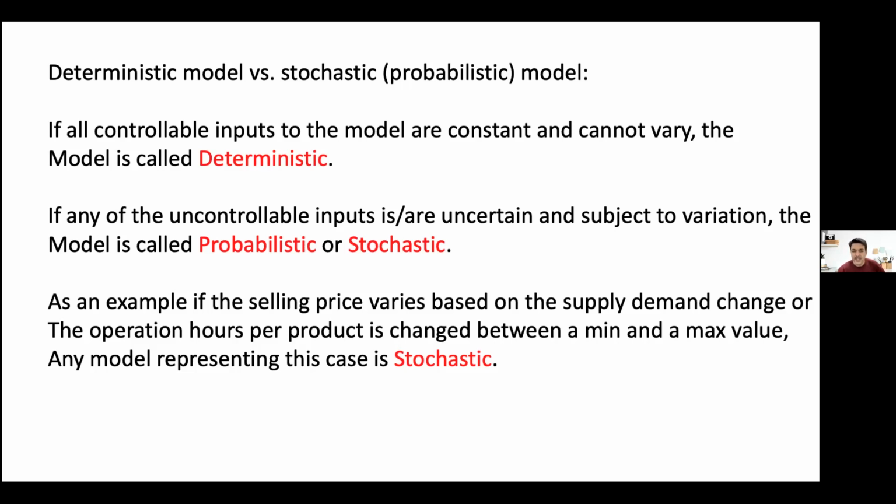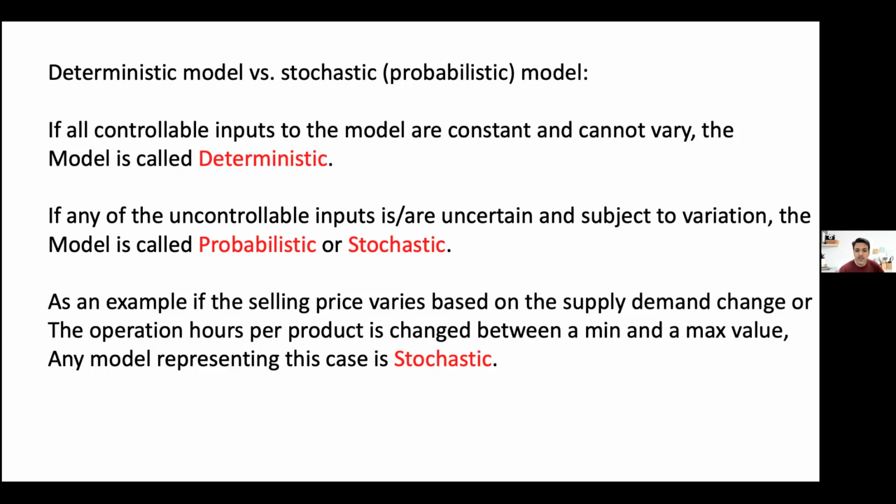So that's not a fixed number. For example, it could be varied based on supply-demand change, right? Or operation hours, they could be different depending on something else. So they could be different, like in between those two numbers. They can just be between minimum and maximum value.